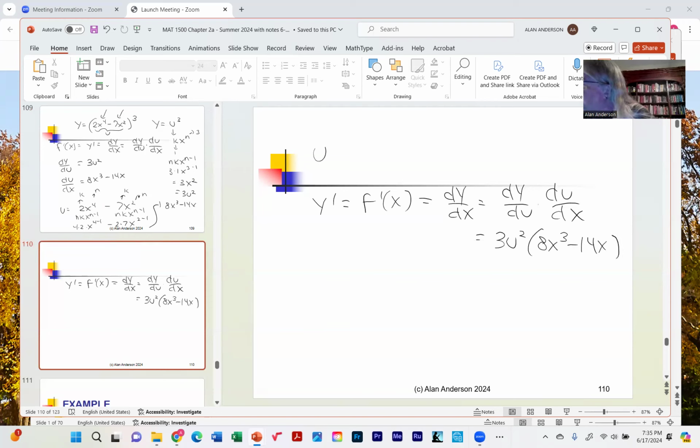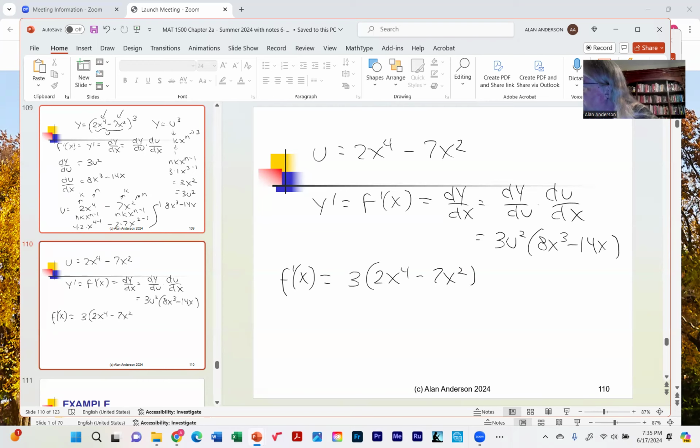But we also remember that u was defined in the first place as 2x to the 4th minus 7x squared. So our ultimate final result is 3 times 2x to the 4th minus 7x squared, to the whole thing squared, because remember, it's 3u squared. And then we have du/dx, which is 8x cubed minus 14x.